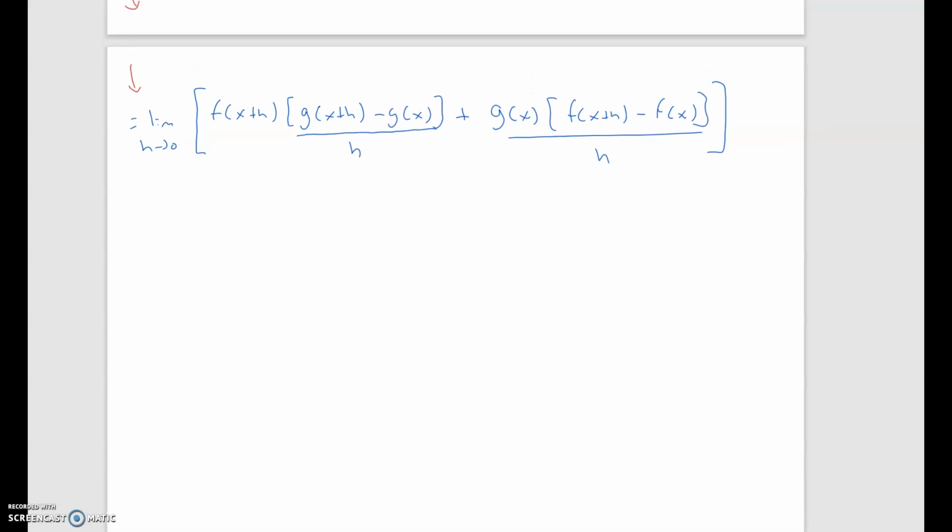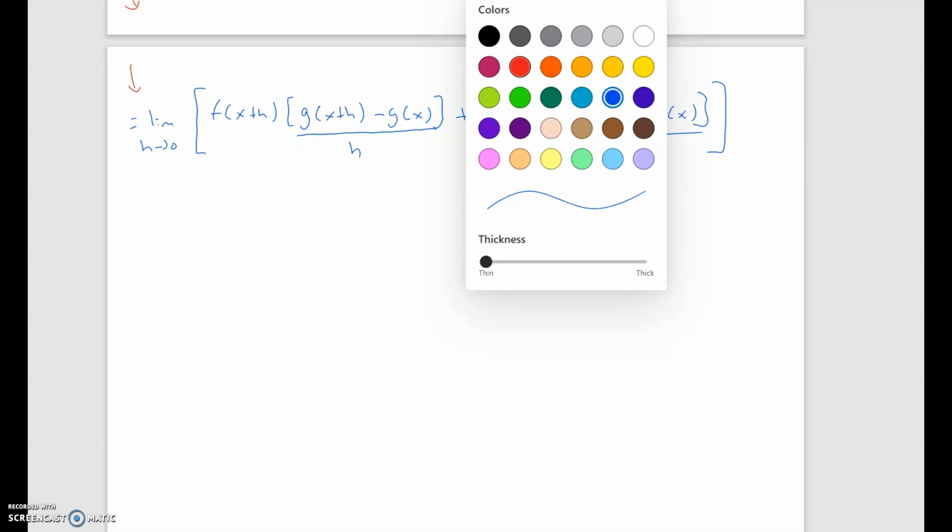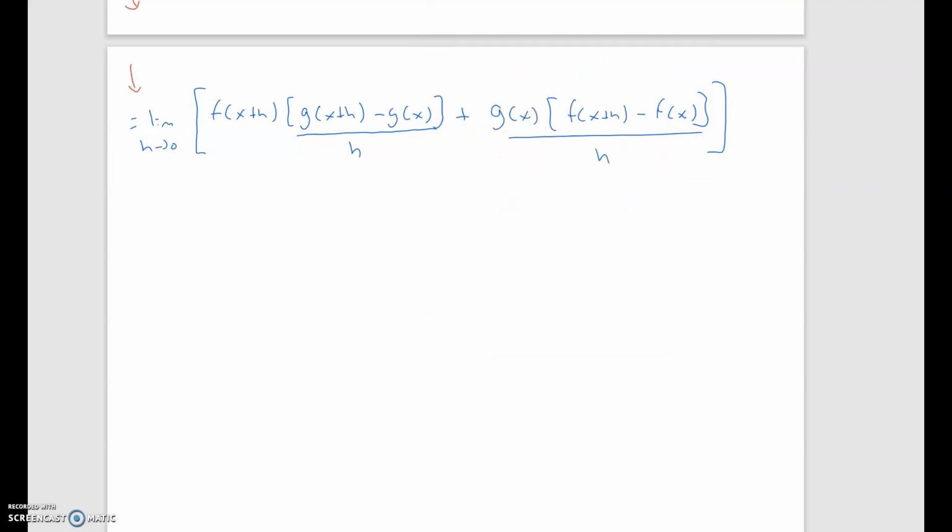Now, at this point, I'm going to evaluate the limits, and I'm going to distribute the limit to the following terms. So I'm going to distribute it to the top, and separate it into two terms, and then also to the second fraction.